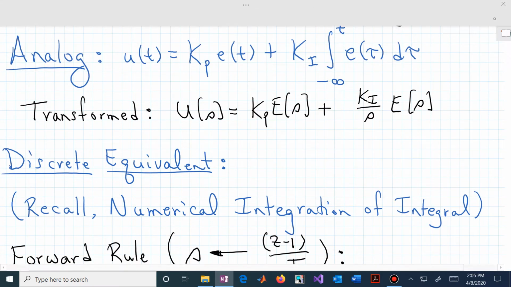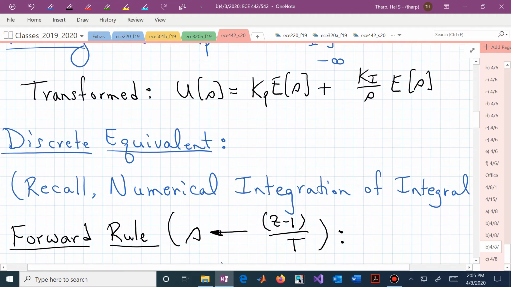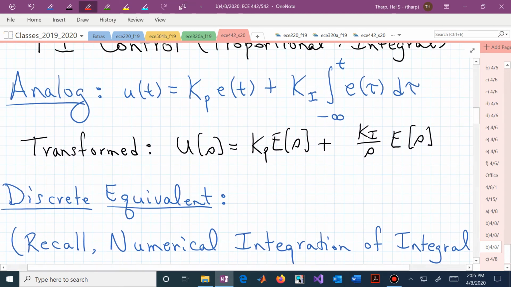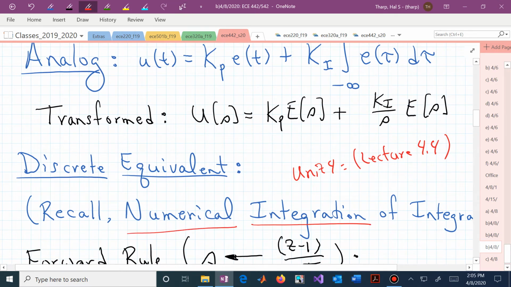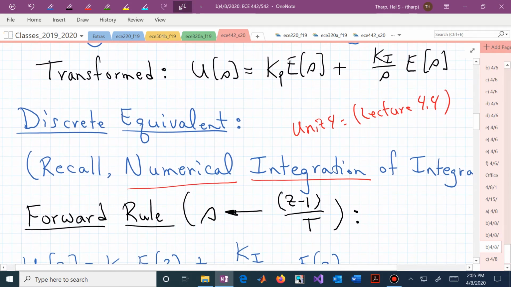Let's now go back to that, and in particular you might look at the fourth installment in that unit. Lecture 4.4 was dealing with numerical integration strategies, and we had three different ways that we looked at. One was the forward rule, one was the backward rule, and one was the trapezoidal rule.